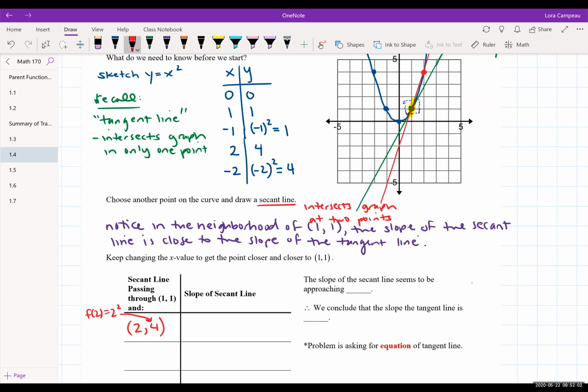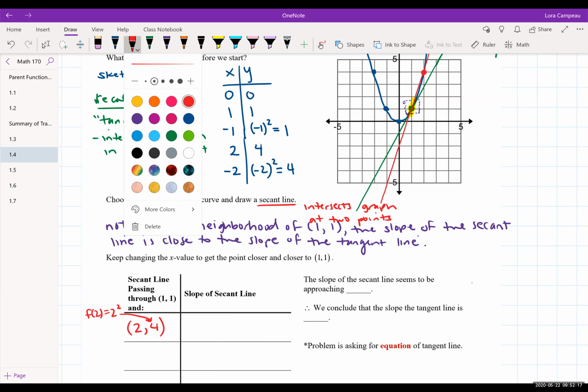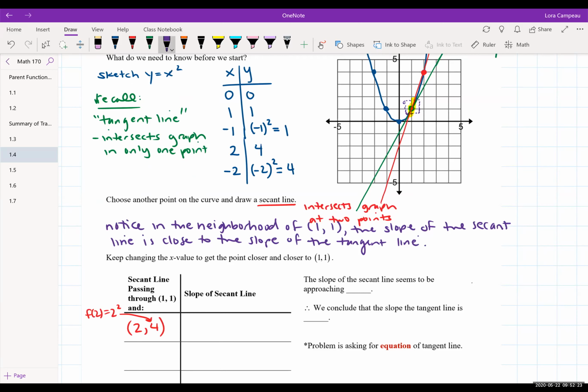And so what I'd like to do is first calculate the slope of the secant line I just drew. That's the red line. So if you remember, slope, I'll do this in purple, is the differences of the y values over the differences of the x values.